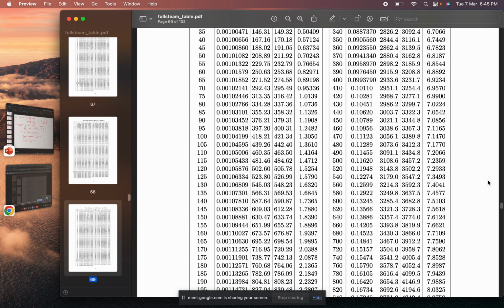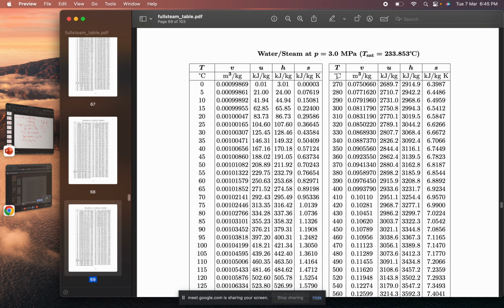So this is my 3 megapascal, and this is volume, this is U, this is H, enthalpy.